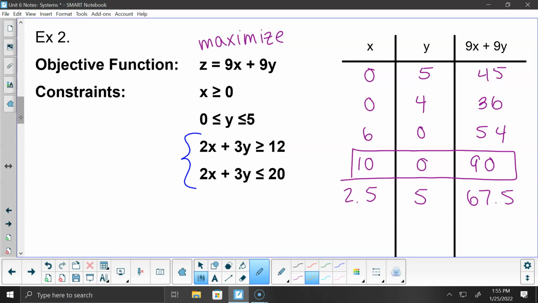And then my objective function, which is this 9x plus 9y, helps me figure out which one actually maximizes it. This one. I just type in the constraints, and then I go through and make my table.